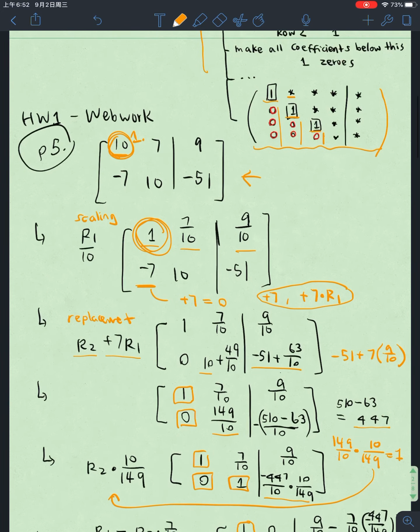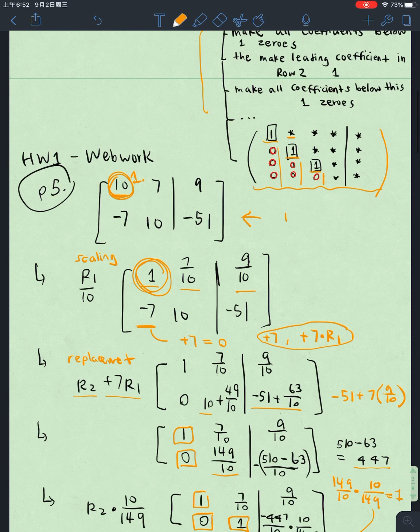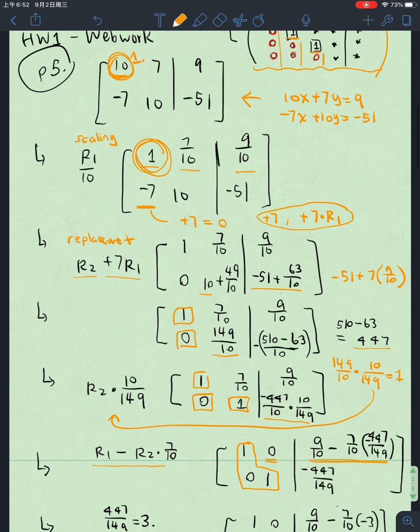What's the function? Here, 10x plus 7y equals 9, and -3x plus 10y equals -51. So you rewrite it, it will be y equals 9 minus 10x then times 1 over 7, and y equals -51 plus 7x then times 1 over 10.